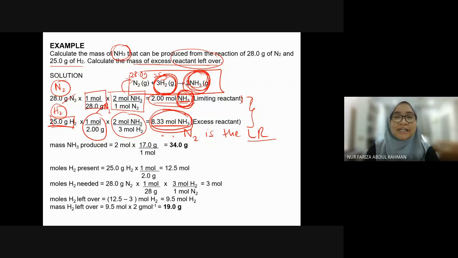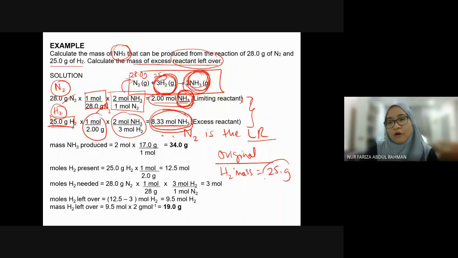Originally we have 25 gram, before the reaction, the mass of hydrogen is 25 gram. So out of 25 gram, how much is being used? How do we find that?